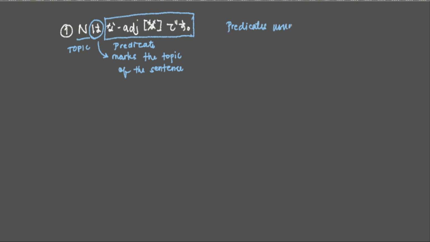Usually positive. Alright. And then we have here the na adjective. So the adjective here is used as a predicate.